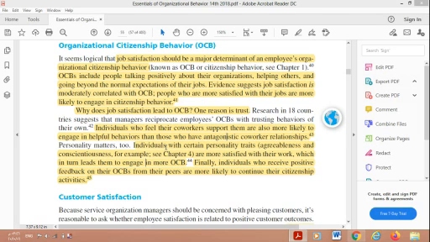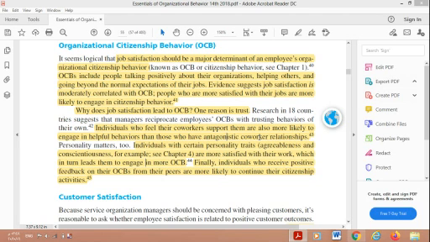Also, individuals with certain personality traits such as agreeableness, conscientiousness, and openness are more satisfied with their work, which in turn leads them to engage in more citizenship behavior. Okay. And finally, individuals who receive positive feedback on their citizenship behavior from their peers are more likely to continue their citizenship activities. Okay.